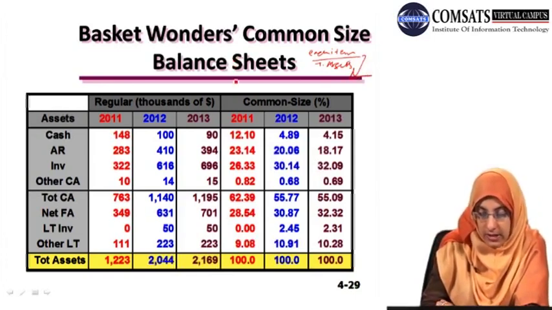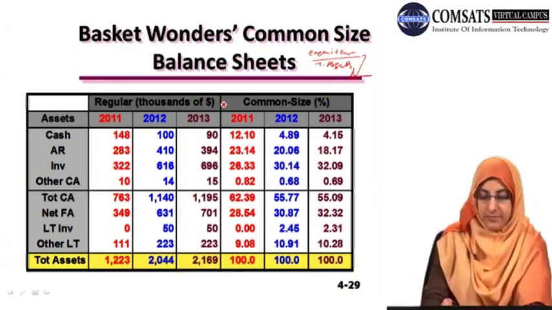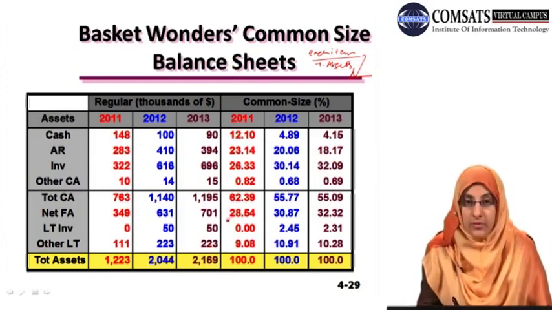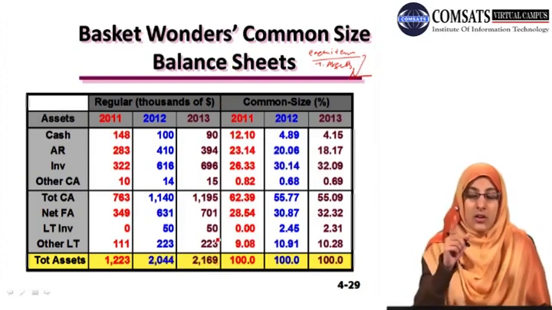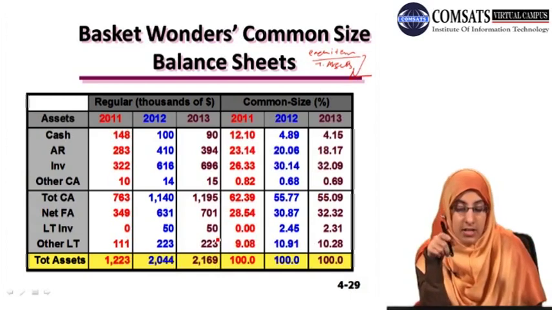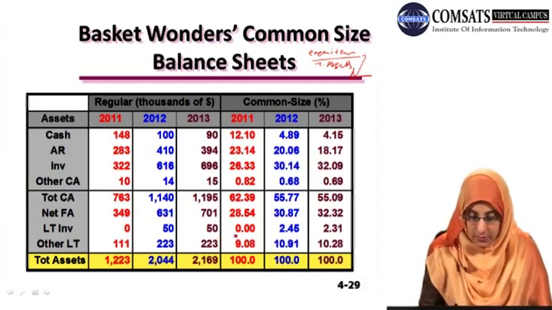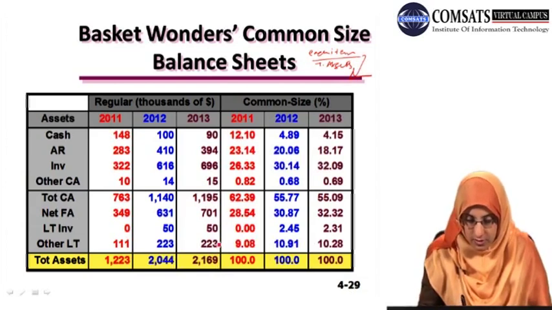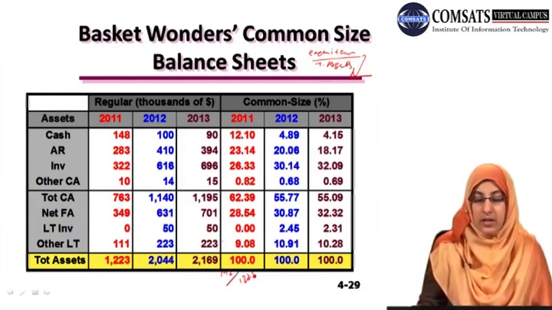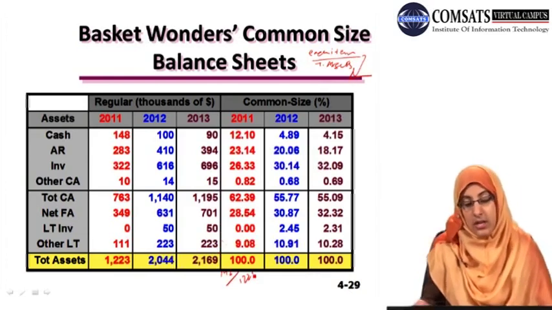If we look at 2011, what is the total assets for 2011? That is 1223. That means we have to divide each value by 1223. That means 148 divided by 1223, and if we find out the value, that would be 12.10.